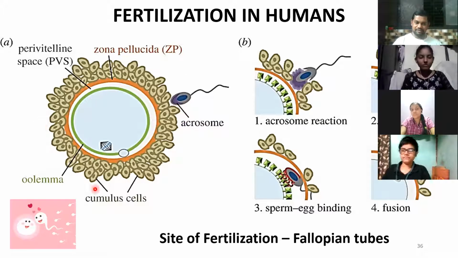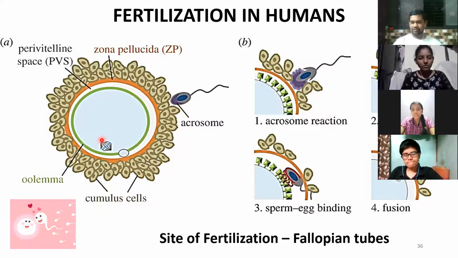The sperms are surrounding this secondary oocyte, and then what happens is one by one. See, quickly taking a look at the structure, you know very well the secondary oocyte has got one haploid nucleus, and there is one polar body which is a reduced nucleus, and the cytoplasm inside this is known as the ooplasm.